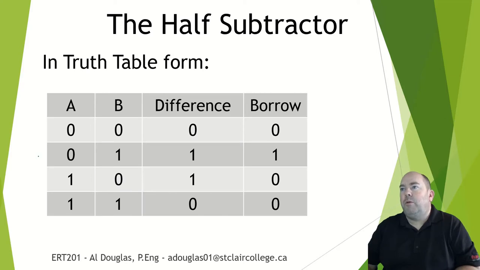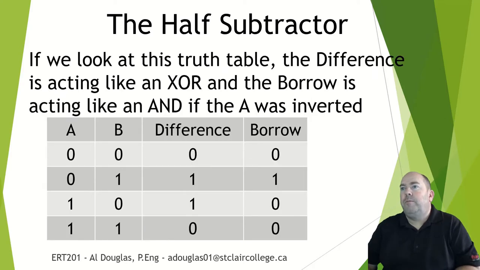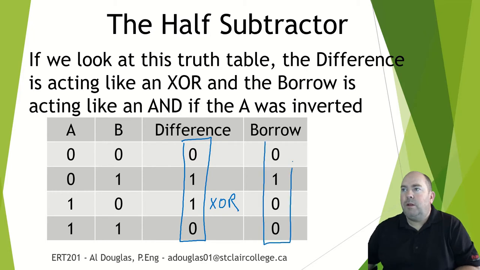So the truth table looks like this. Once again, we have a difference and a borrow. This one here looks like an XOR, and this one here looks like an AND.